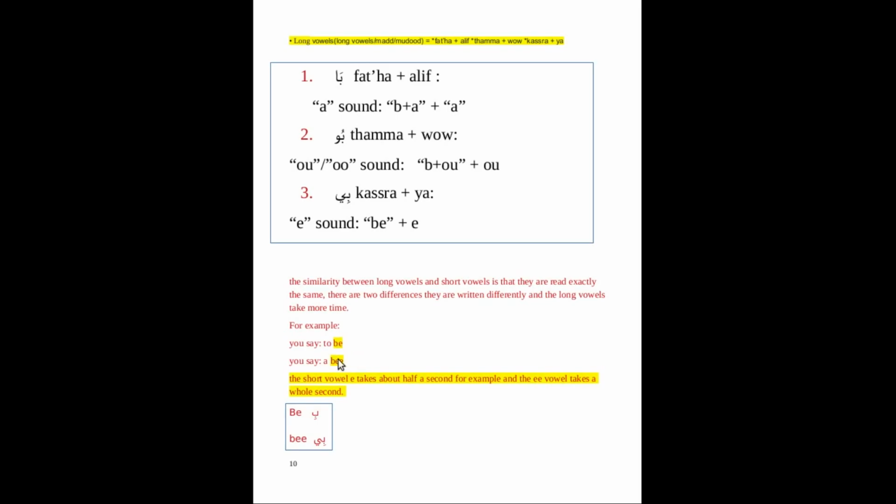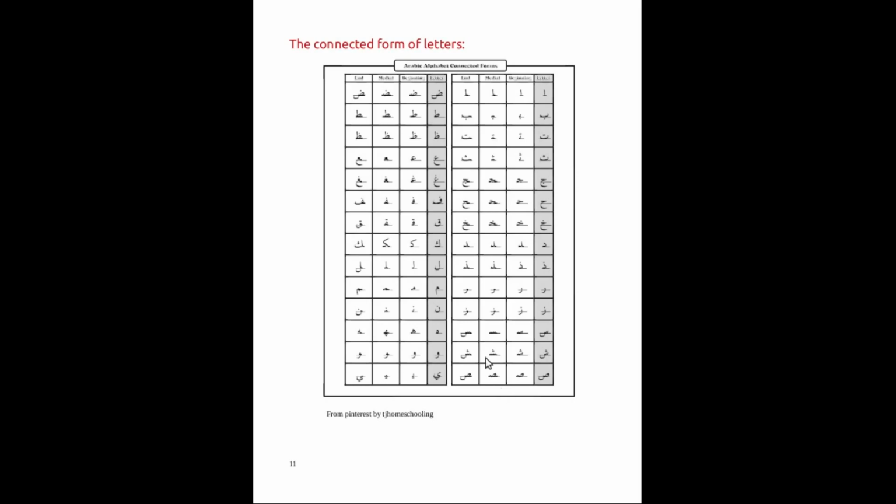So you also have this in English, but you don't write them like we do, you see? So the short vowel takes about half a second, for example, and the long vowel takes a whole second, for example. Of course, that is not true. It's just an example to demonstrate the difference.